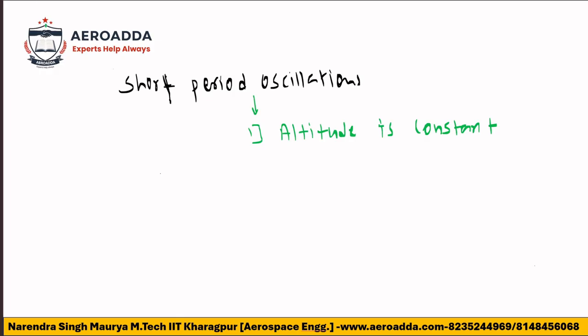Short period oscillation means something like this. Think about it, this is one altitude here. Suppose this is the aircraft. Once a disturbance comes and hits the aircraft, the aircraft will go up, then it will go down a little bit, then again it will go up and again like this.